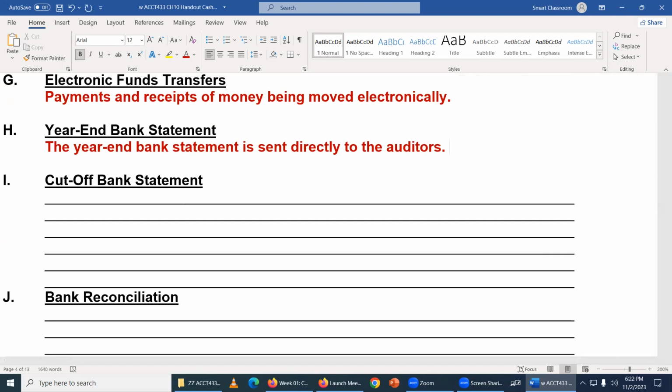Okay, so your bank statement is sent directly to the auditors. Let me explain why we do this. The reason we do this is to get better evidence.